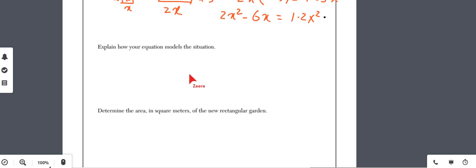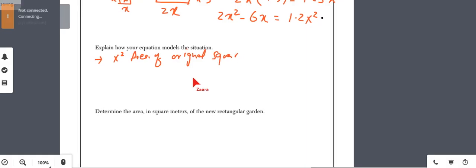So initially we know that, I will just give you the hint, x squared was the area of the original square.